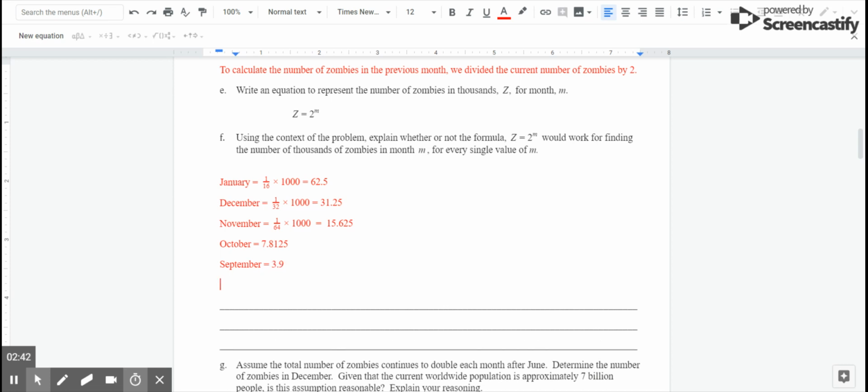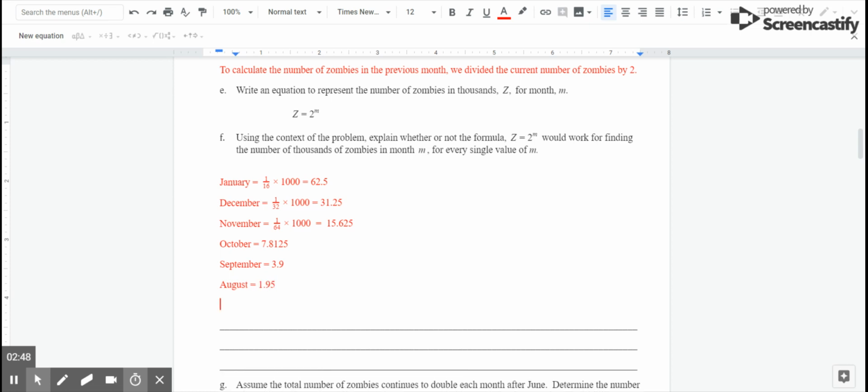The previous month, August, would have been about 1.95 zombies. And the month before that, July, there would have been 0.976 zombies. So if I end up going back in time, I end up with smaller and smaller numbers of zombies to the point where I'm looking at less than 1 zombie in July.